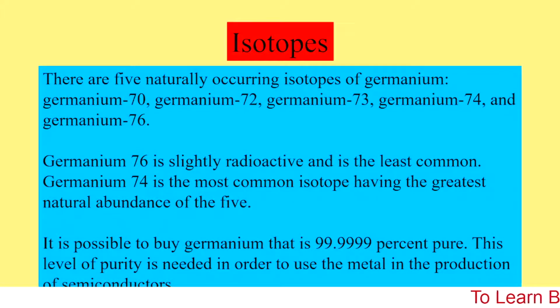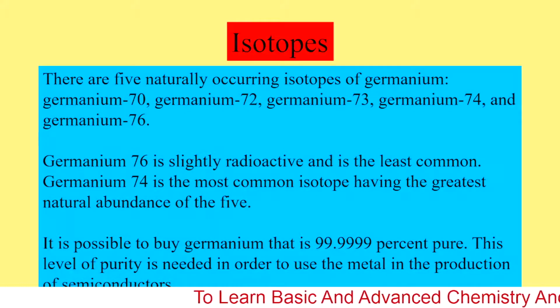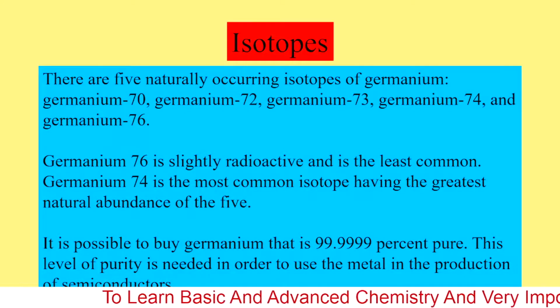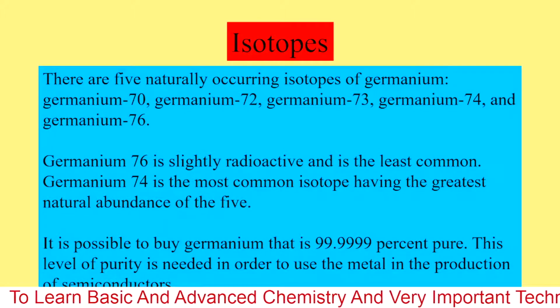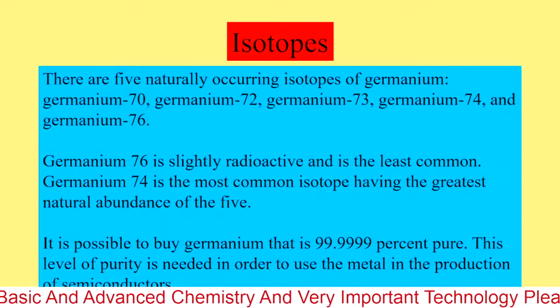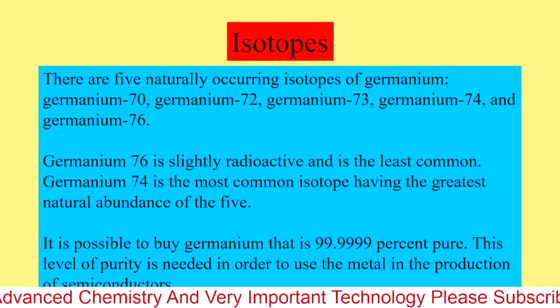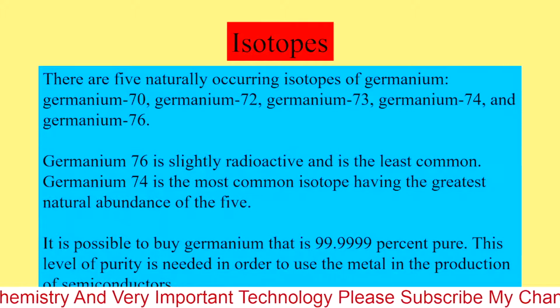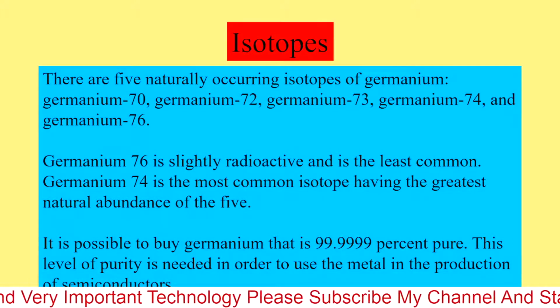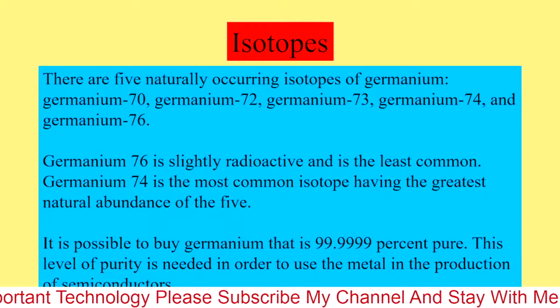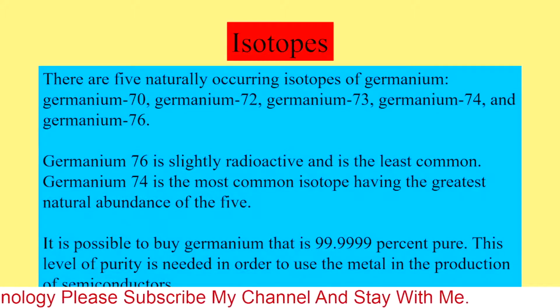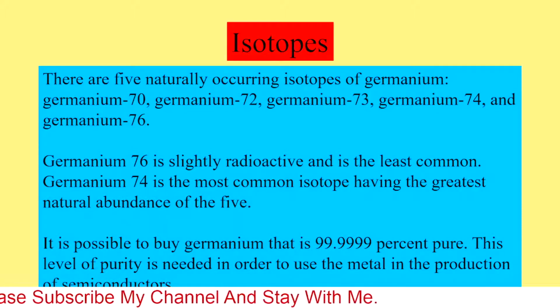Anything in nature, if it is radioactive, easily converts to some other elements, and the availability of that element is very low. So germanium 76 can convert into other elements or other isotopes, so it is not available very much.